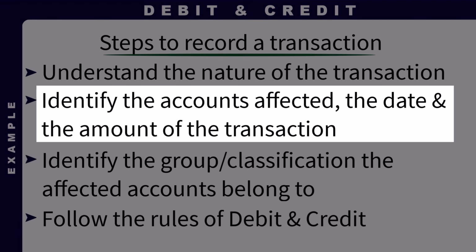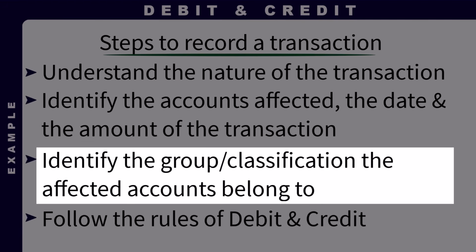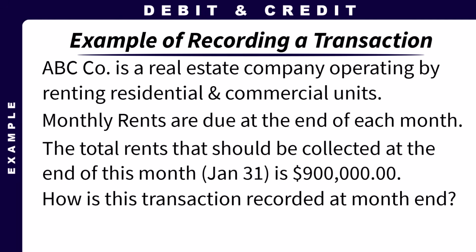Okay, what's the next step of recording a transaction in the journal? That is, identify the group or classification of the accounts affected. So, accounts receivable, one of the accounts affected, is an asset account. It was discussed in the financial accounts section that accounts receivable is an asset because it will soon be converted to cash when collected.